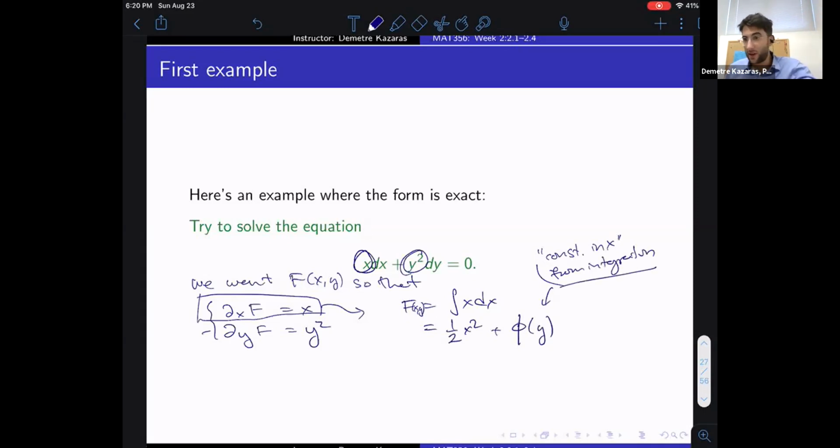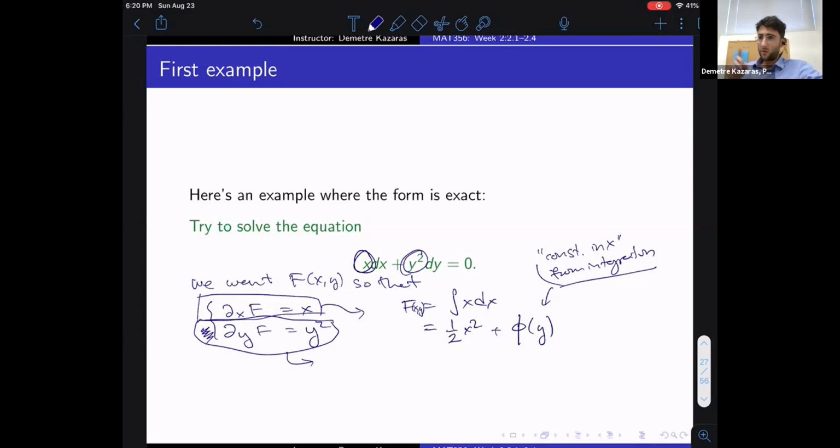Okay, so we haven't quite found a formula for F yet. I still have this phi. I don't know what phi is. No reason to choose phi either, that's just what the book does. It's some unknown function of y. Well, it makes sense. We haven't used that other piece of information yet. So let's look at the other equation. This is not a minus sign.